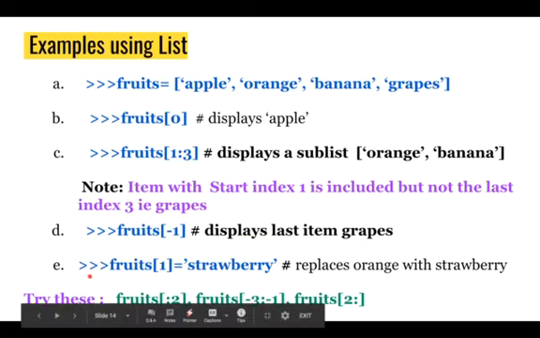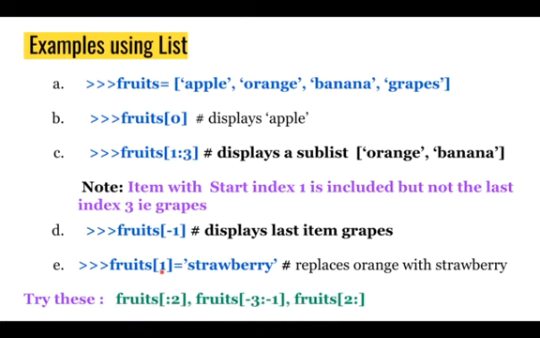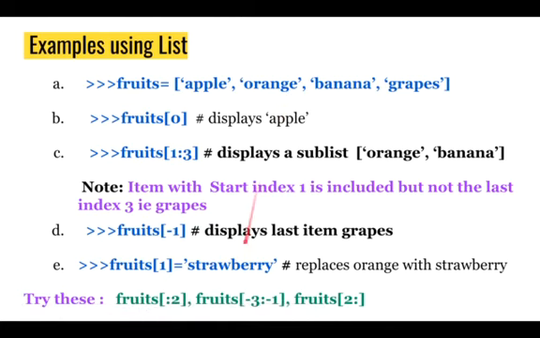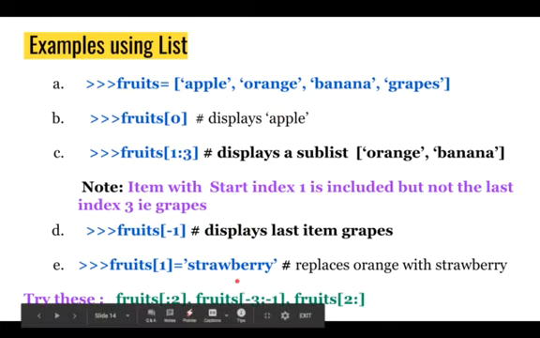This last example is an example for changing the value or changing an item in the list. Here we are going to replace the orange in the created list with strawberry. So, instead of orange, we are going to include strawberry in the list. In order to do that, you have to use the index number again.